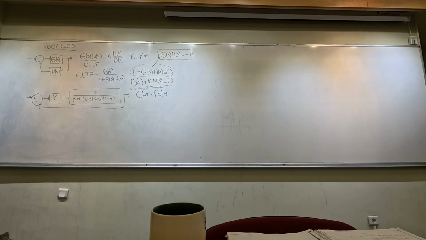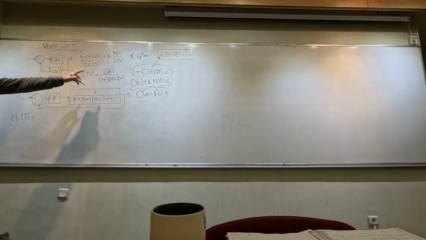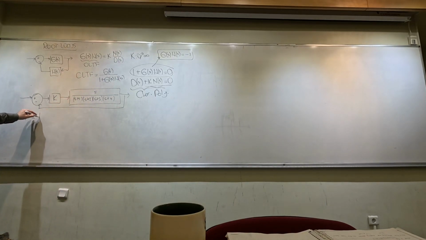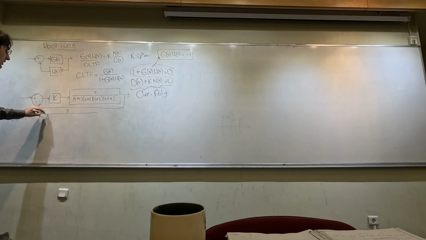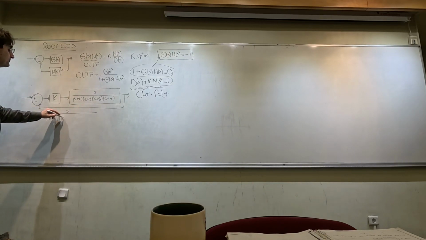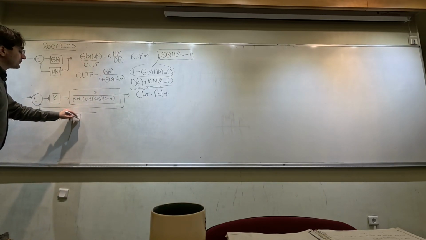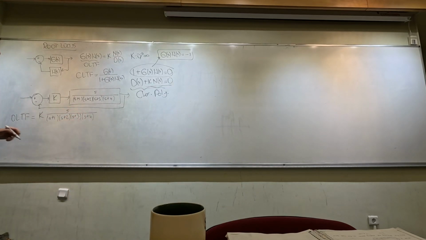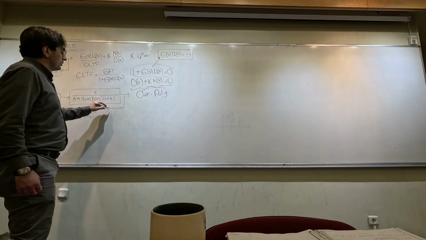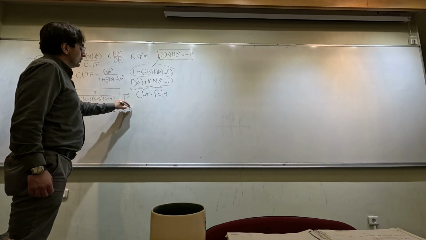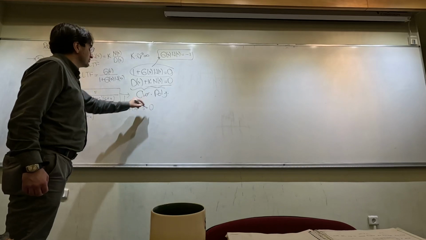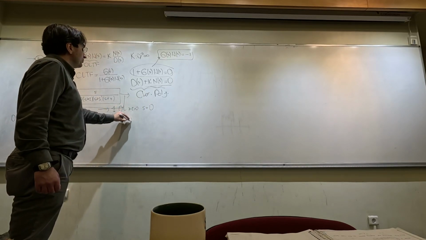Okay? In this case, the first thing that we have to do is to look at the open loop transfer function. Open loop transfer function, in this case, is k times this long thing. Okay, so I have s, s plus 1, plus 2, plus 3, and plus 4. Okay? This actually tells us that we have one open loop 0 at s equals to 0, and 4 open loop poles.